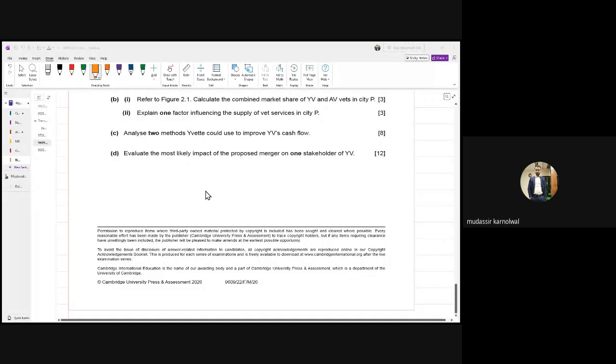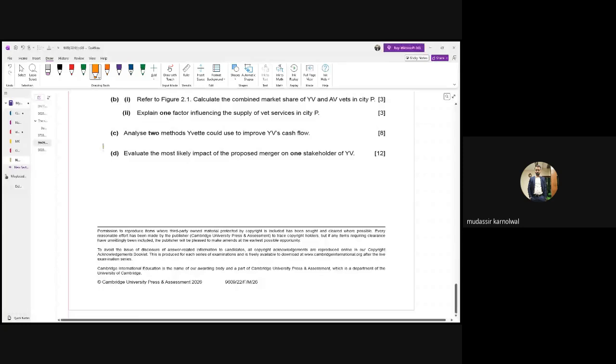They can also increase inflows, or even if not asking for prior payments, they can ask for cash payments by offering cash discounts. By offering discounts, they can ask for immediate payments, right? So these are the two ways: either you decrease the outflows or you increase the inflows.